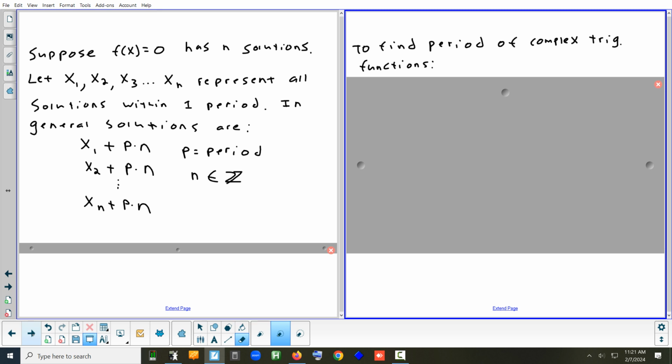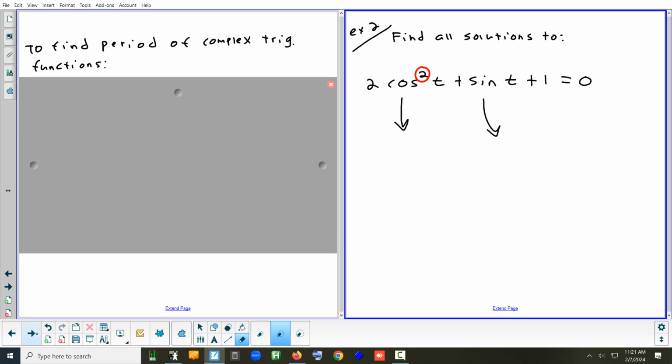So what we need to talk a little bit about is how do you find the period? Well, we've got the formula pi over b and 2 pi over b. But what happens when we have a more complicated trig function, like cosine squared and sine? How do we find the period of that whole thing?